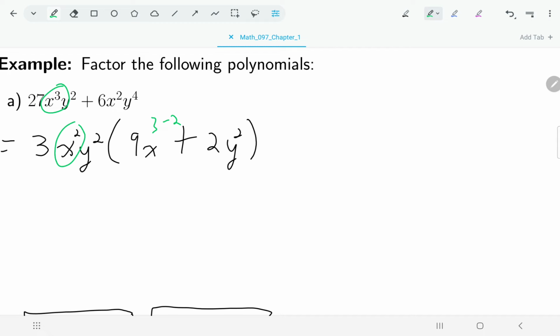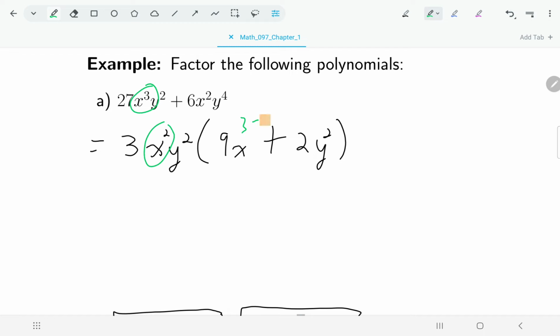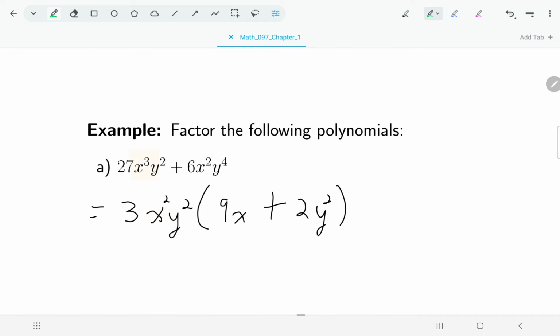The power we originally had minus the power that we've factored out. And for the y's, we had y to the 4, and we factored y squared out of it. So what was left behind, the power was our original power minus the power that we factored out. So 4 minus 2, or 2.